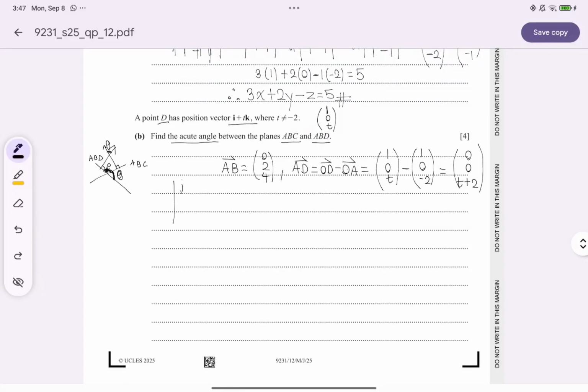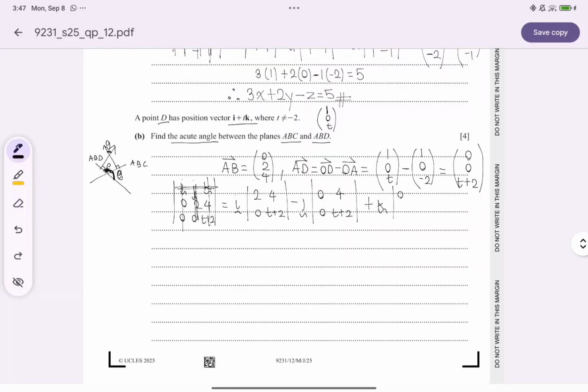Now we have to find the common perpendicular, aka the normal to the plane ABD. So this is 0, 2, 4 cross 0, 0, t plus 2 equals i. Cover these up, you'll get the determinant of 2, 4, 0, t plus 2, minus j, which should be 0, 4, 0, t plus 2, plus k.